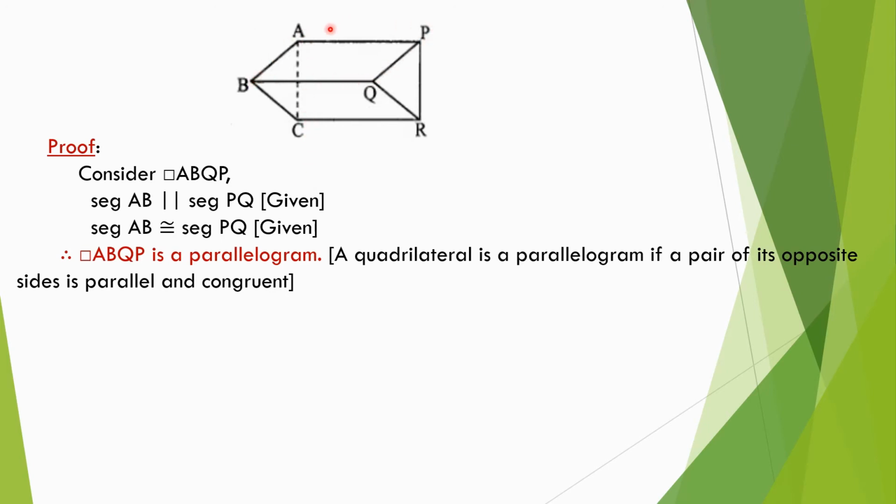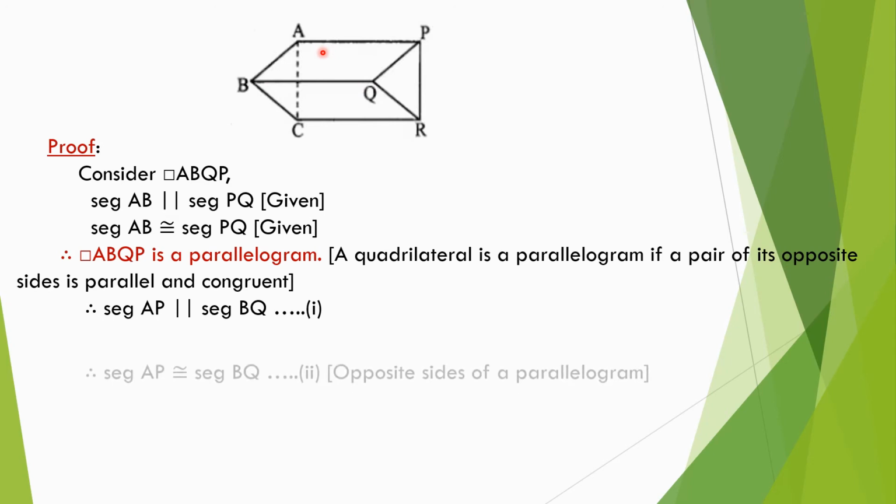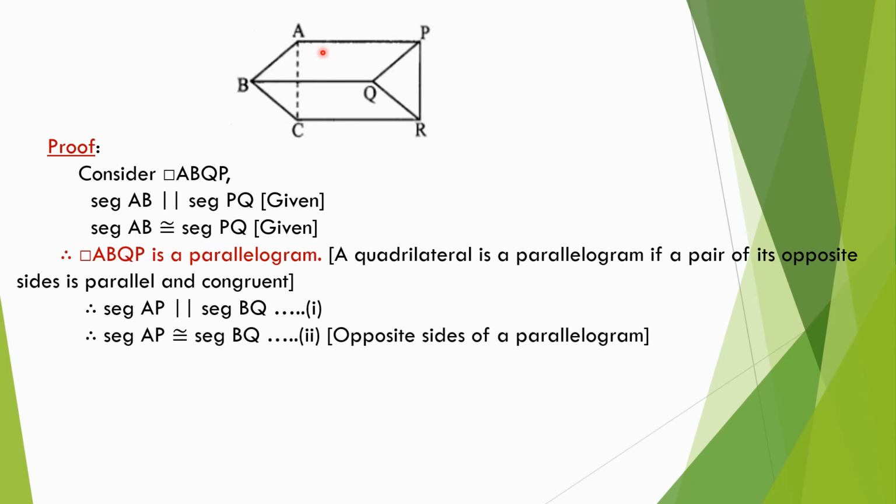And since this is a parallelogram, segment AP is parallel to segment BQ, that is equation number 1, and segment AP is congruent to segment BQ, that is equation number 2, because of opposite sides of a parallelogram. And now I am considering the quadrilateral ACRP.